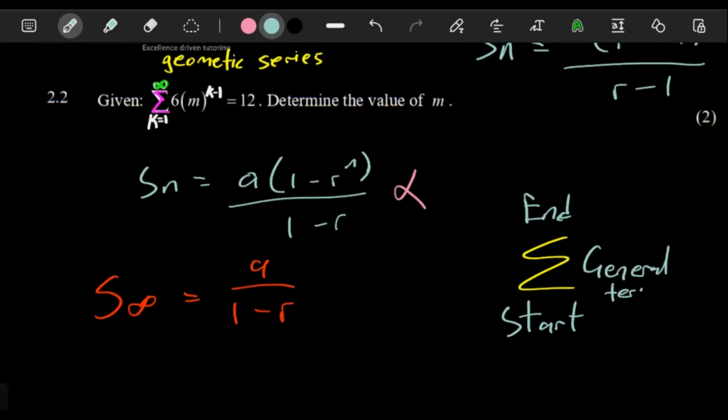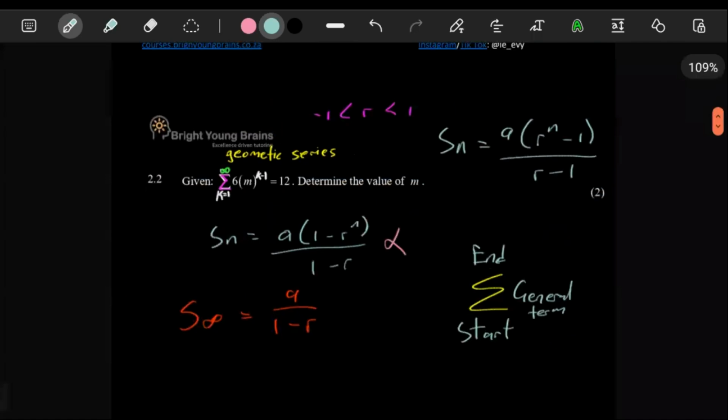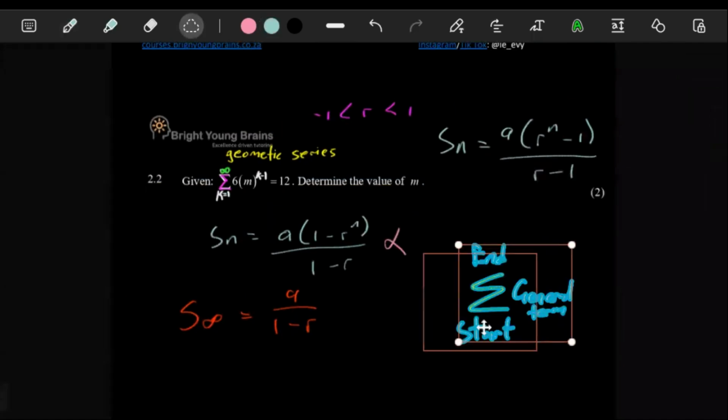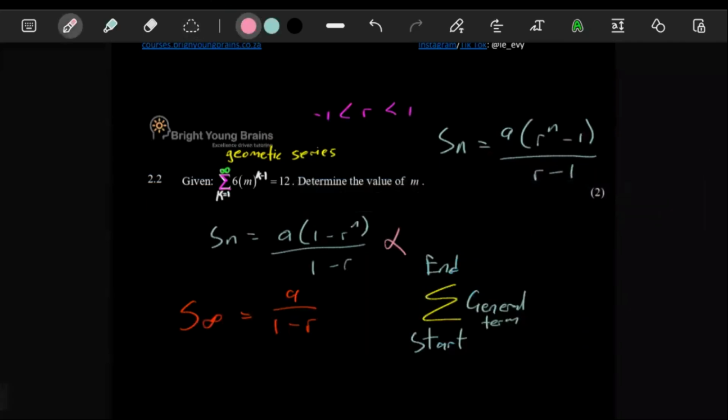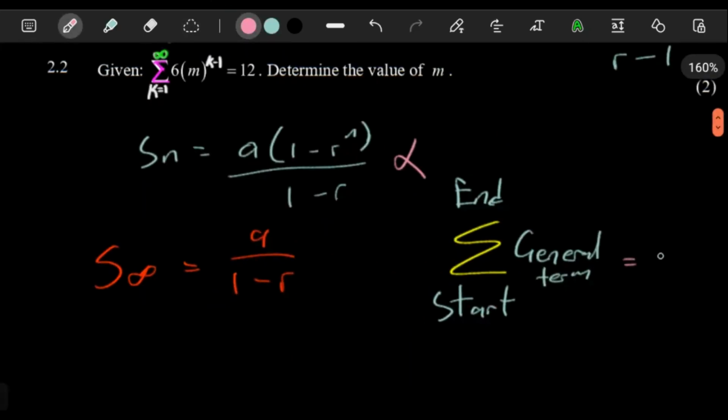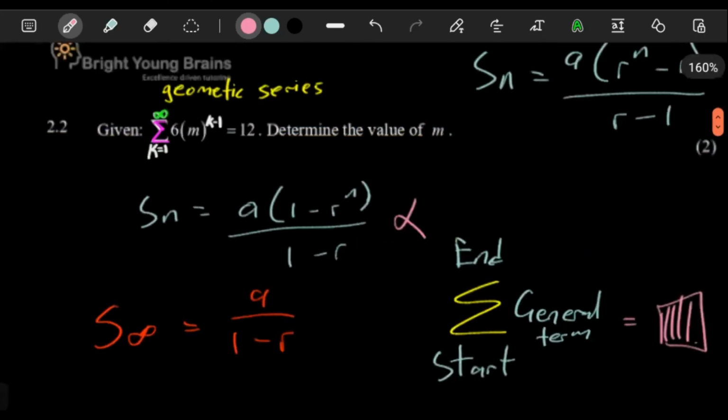So this sigma expression will always be telling you that you're adding stuff up, starting somewhere, ending somewhere, and then it will always be equal to whatever you would add up stuff to. Because ours has an infinity symbol at the top, we know that this 12 here is the sum to infinity.